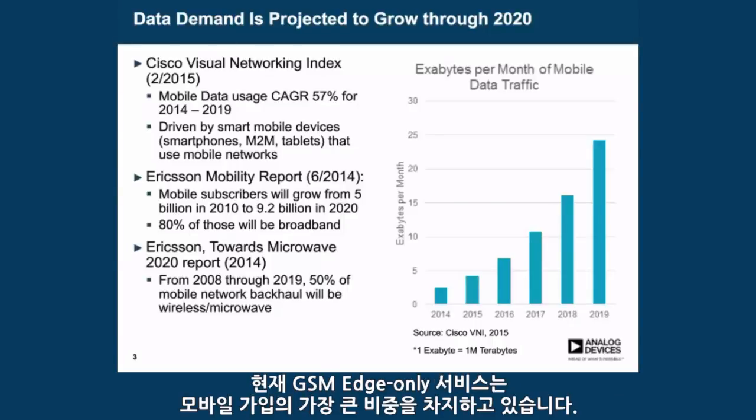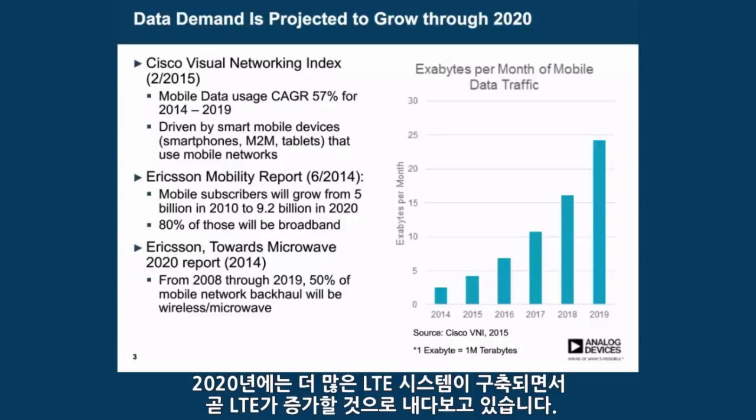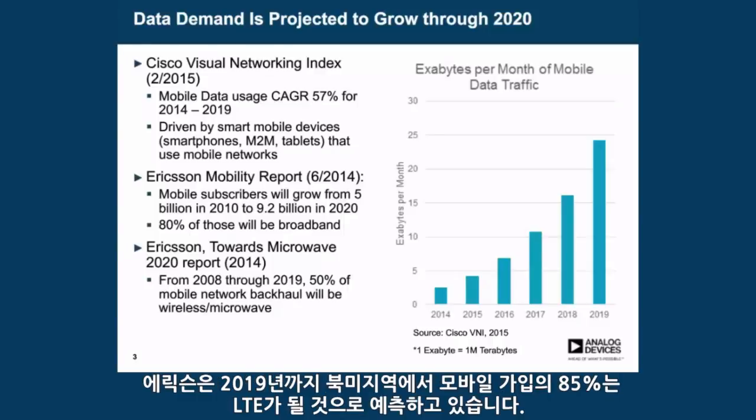At the moment, GSM/EDGE-only subscriptions are the largest percentage of the mobile subscriptions today. However, Ericsson predicts that HSPA subscriptions will begin to take over in the next few years, with LTE beginning to increase soon after as more LTE systems are deployed into 2020. They predict 85% of mobile subscriptions in North America will be LTE by 2019.